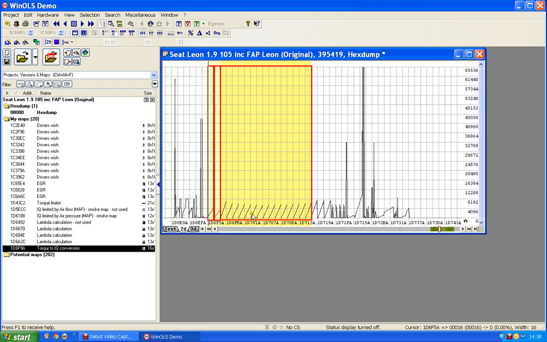So it may not always be that you can find this as easy as I just did by finding it right next to the lambda calculation maps. Sometimes you may have to have a search for it, and sometimes there may be more than one to choose from, but generally speaking you find that the other versions of this, and there are often several, so you have little peaks here like that to match that, but the other versions very often do not have those axes guides to how big the axis is.